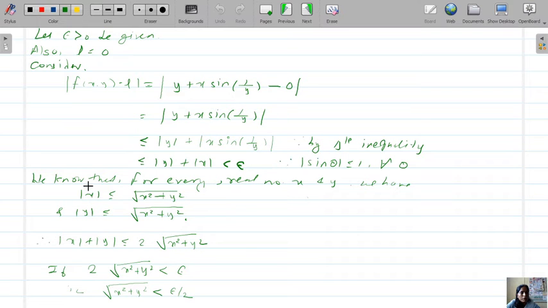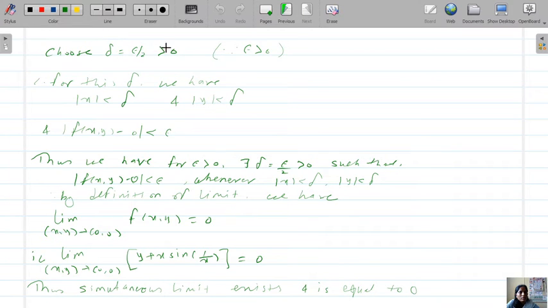Obviously, for every real number, you must have mod x less than or equal to square root of x square plus y square, and mod y is also less than or equal to square root of x square plus y square. And from that, find out what is square root of x square plus y square, and that is strictly less than epsilon by 2. And whatever this RHS number is, you have to choose that equal to delta, and care should be taken that delta must be strictly greater than 0. So choose delta equal to epsilon by 2, and that is strictly greater than 0.